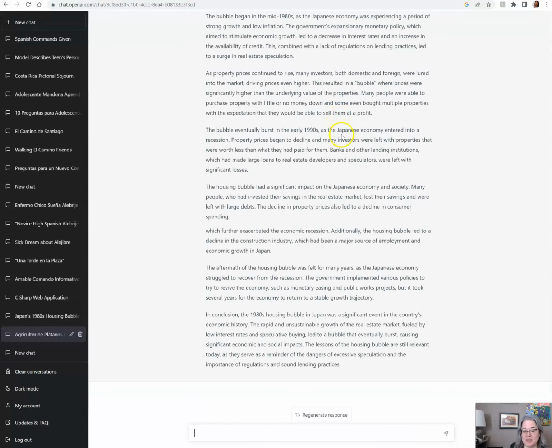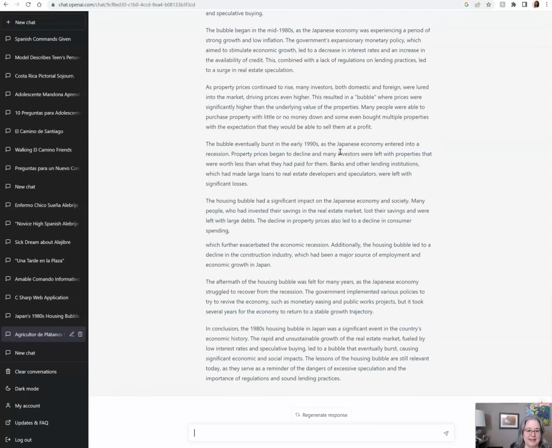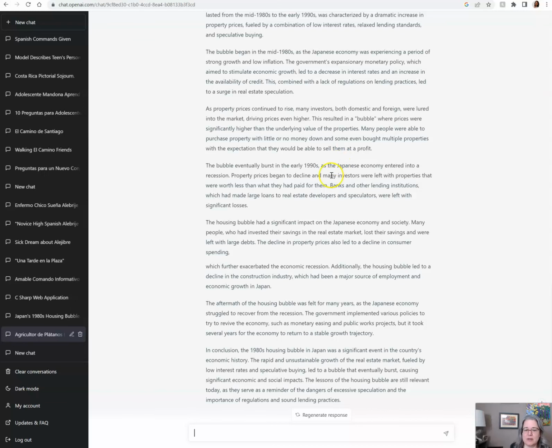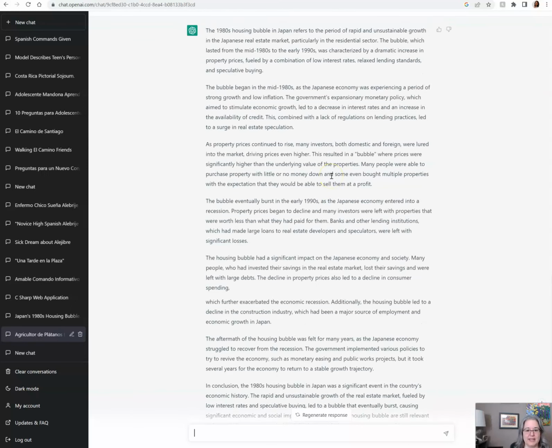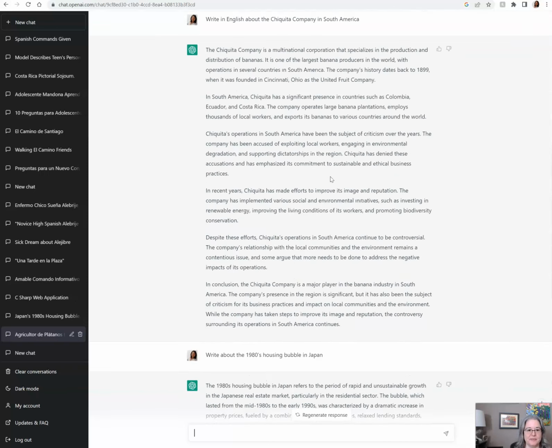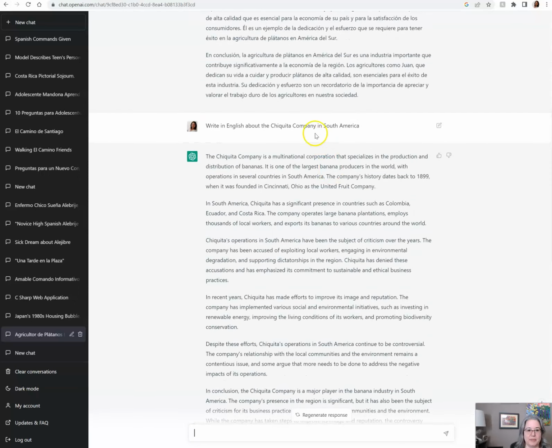It didn't go in depth. It was missing a lot of things that, as a teacher, I would have said, it seems a little shallow, but for an entry level paper to give me an idea of what my son was trying to do, it was great. Then I asked it to write about the Chiquita company. Forgot to say Spanish, so it wrote in English.